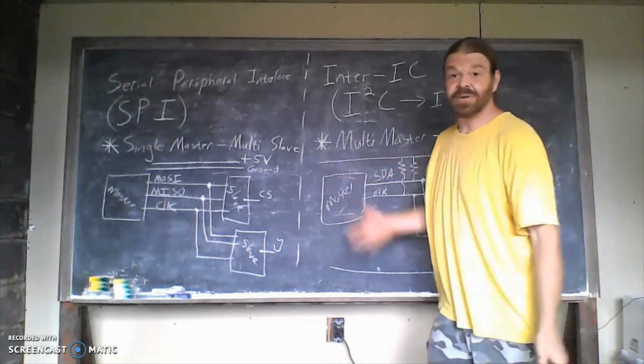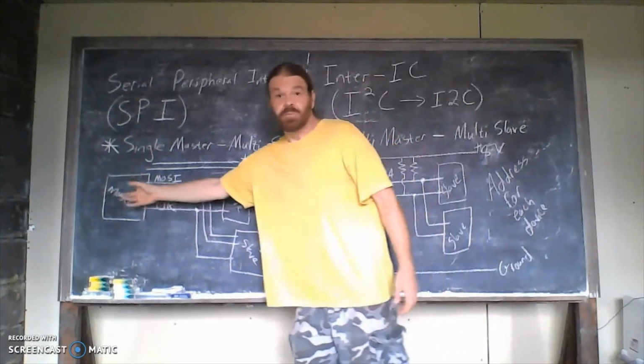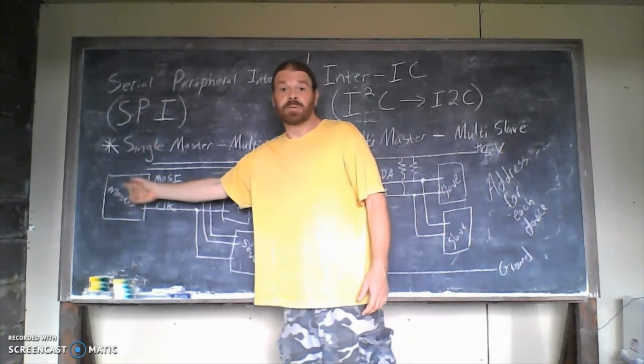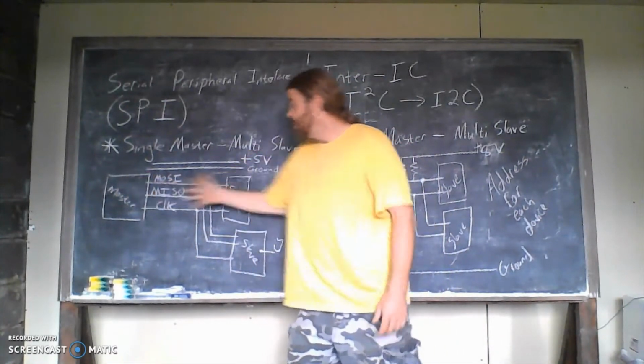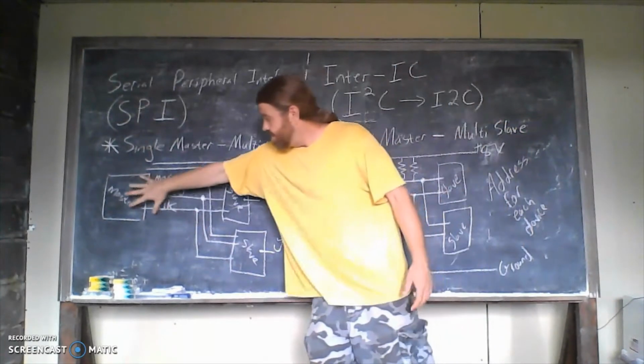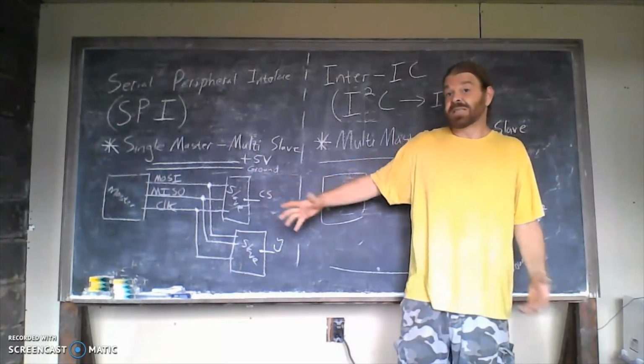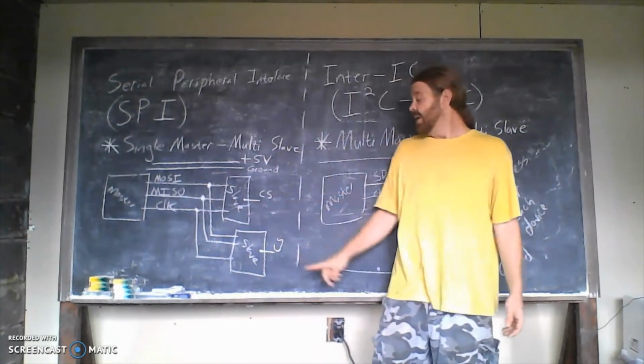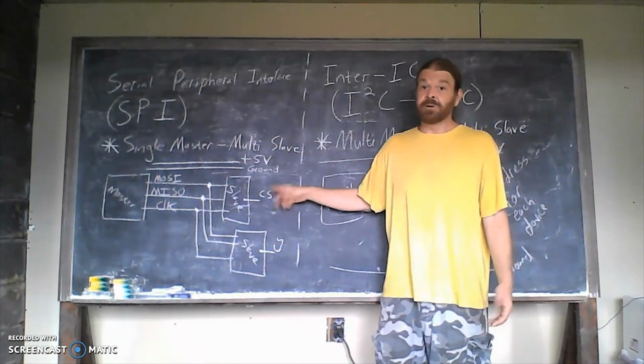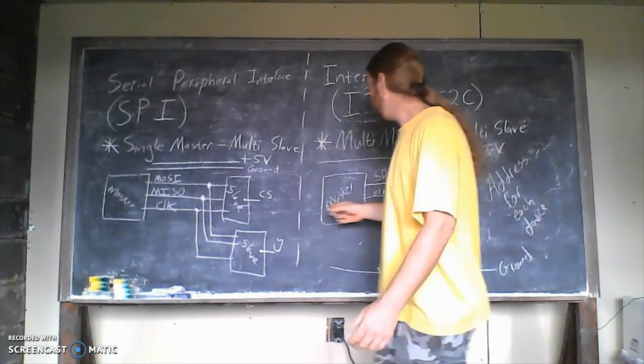But that's the basics of how the communication works. With SPI, the master processor, or whatever the controller is, sends out the instructions across the entire network, and only the thing currently active responds.